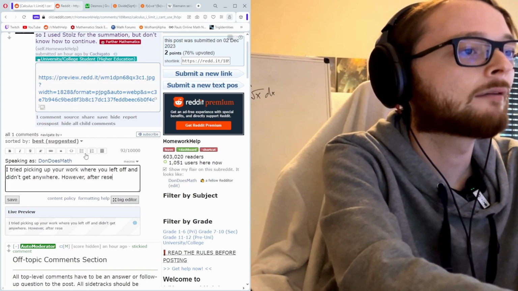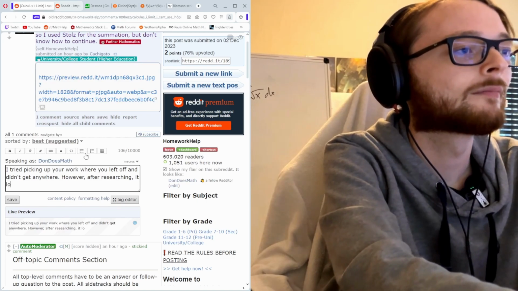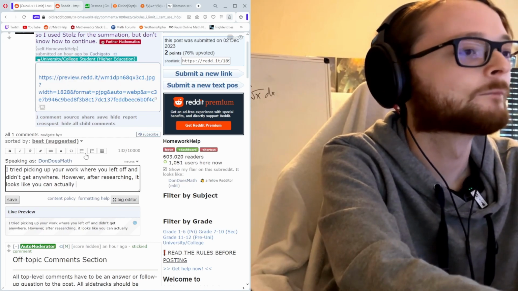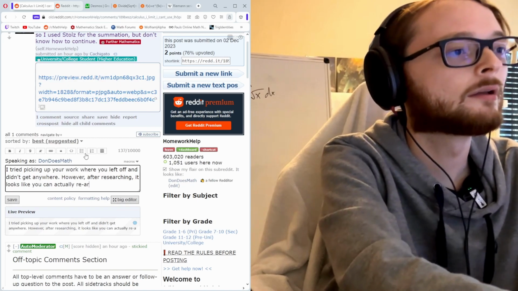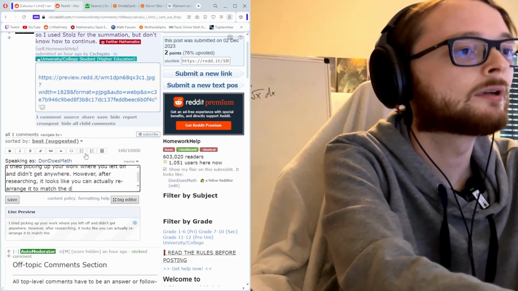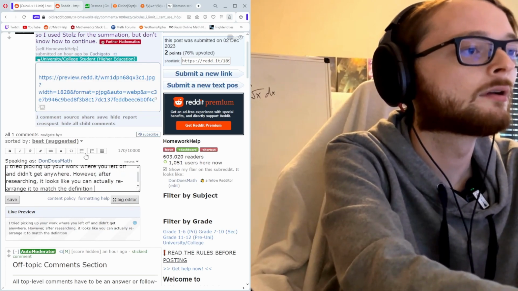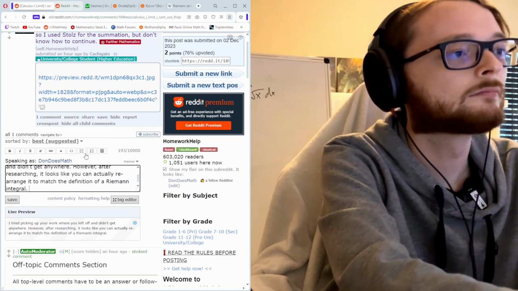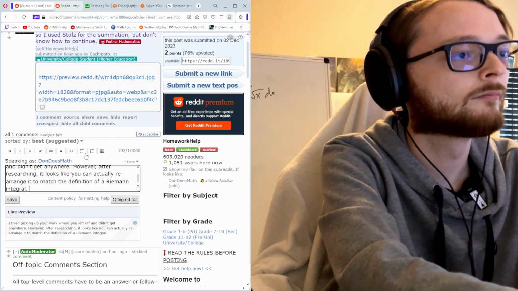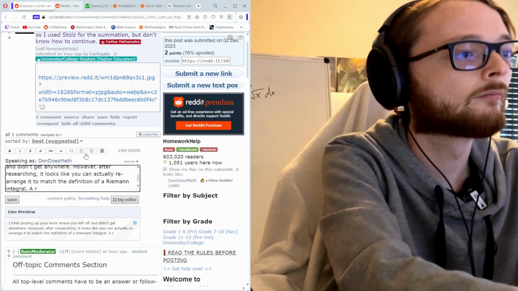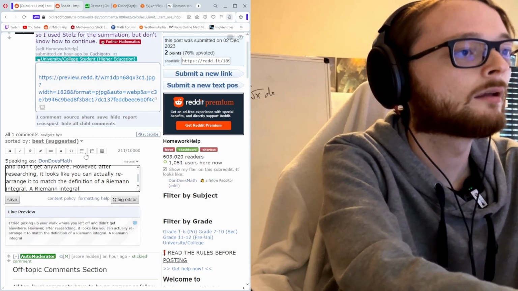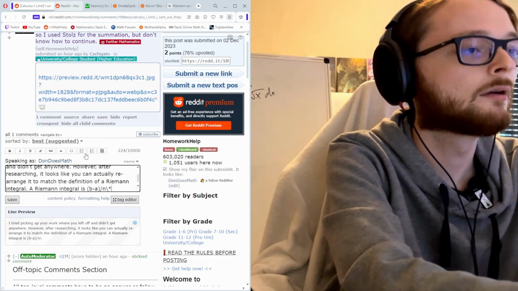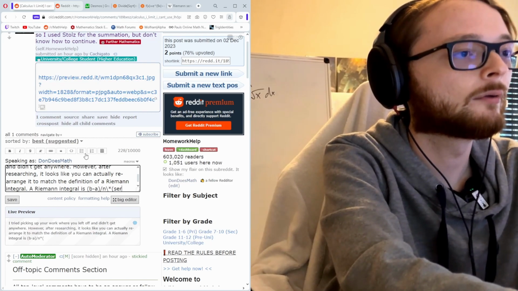However, after researching, it looks like you can actually rearrange it to match the definition of a Riemann integral. The integral is b minus a over n times some series.